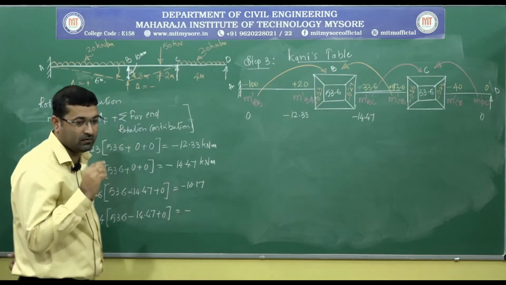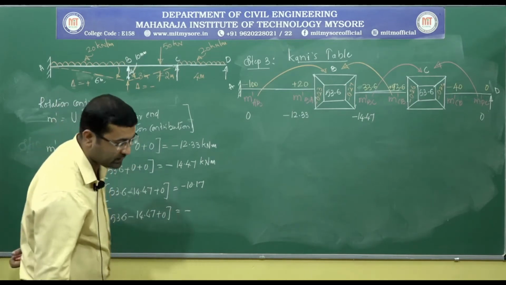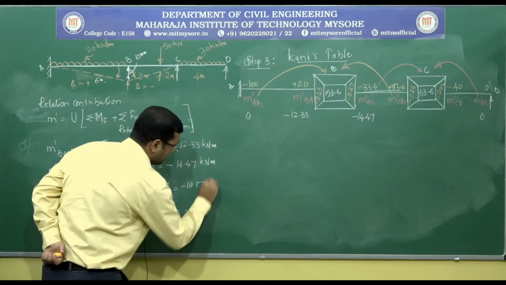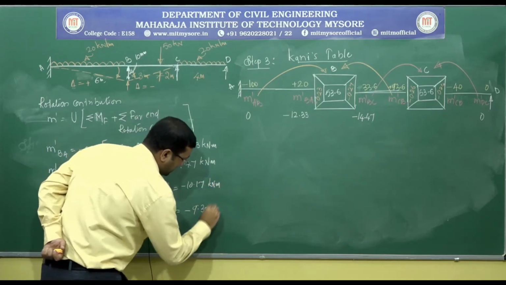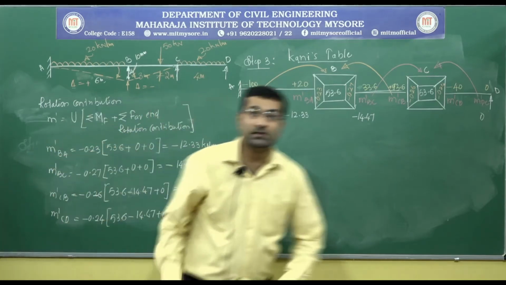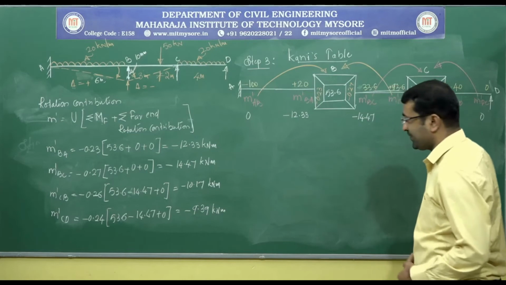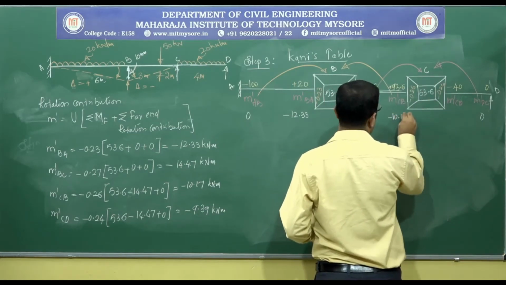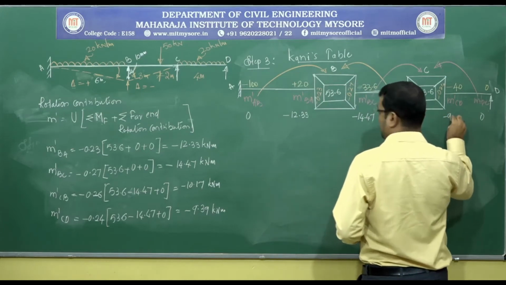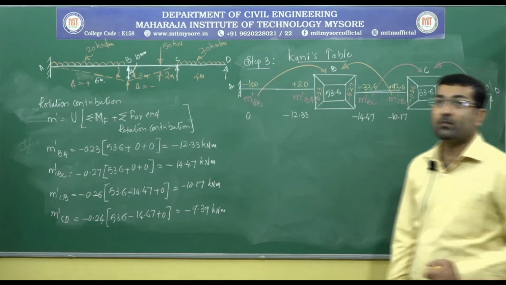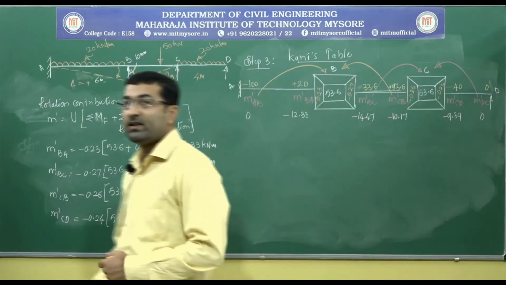This gives me a value of minus 9.39 kilonewton meter. Let me represent these two in the diagram. Here it is minus 10.17 and minus 9.39. So this completes one cycle.